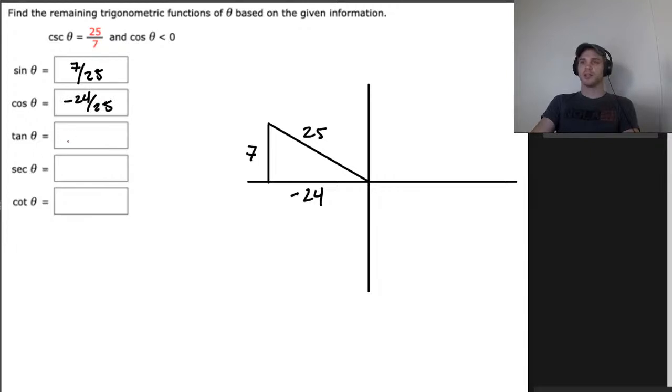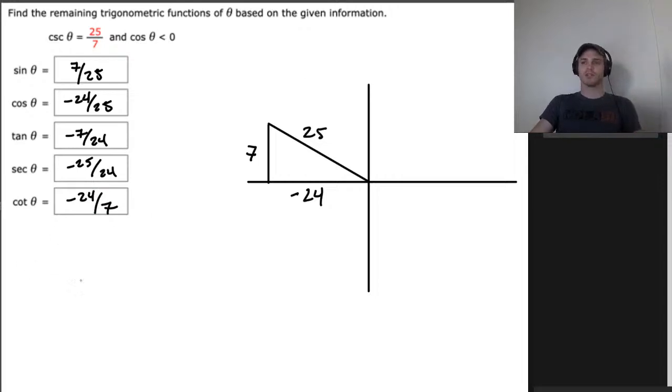Tangent is the y over the x, so negative 7 over 24. Secant is the r over the x, so negative 25 over 24. And cotangent is the x over the y, which is negative 24 over 7.